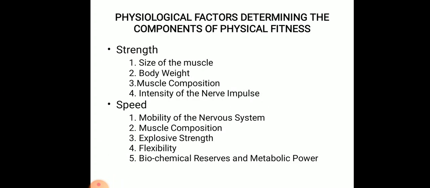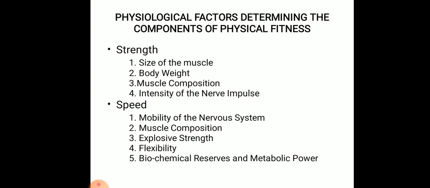The muscle which has a higher percentage of fast twitch fiber can produce more strength, and the percentage of fast twitch and slow twitch fiber is generally determined genetically and cannot be changed through training. So it can be said that the percentage of this fiber determines the strength of the person.